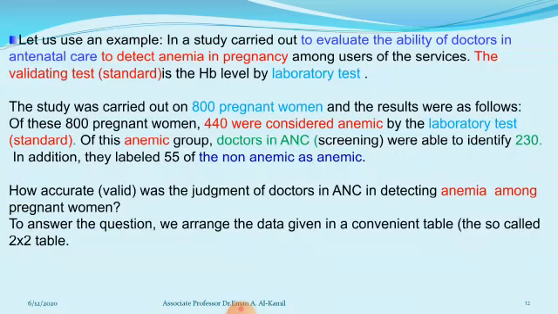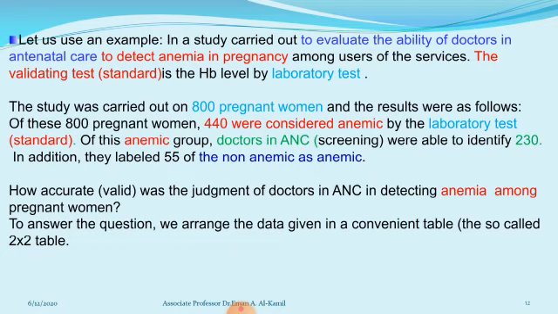The valid test, or the reference test, or the standard test, is the level of hemoglobin by laboratory test. This study involved 800 pregnant women, and the results were as follows.